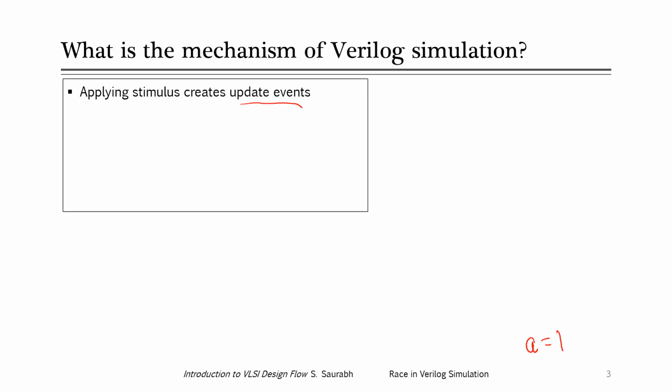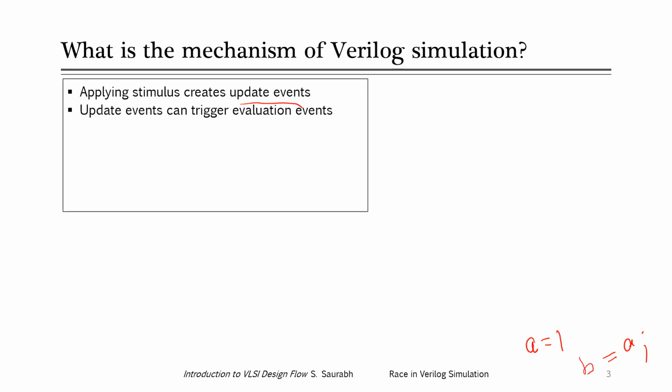Now if there is a statement written somewhere as assign b is equal to a, since the value of a has updated, the b which is dependent on a must be evaluated.